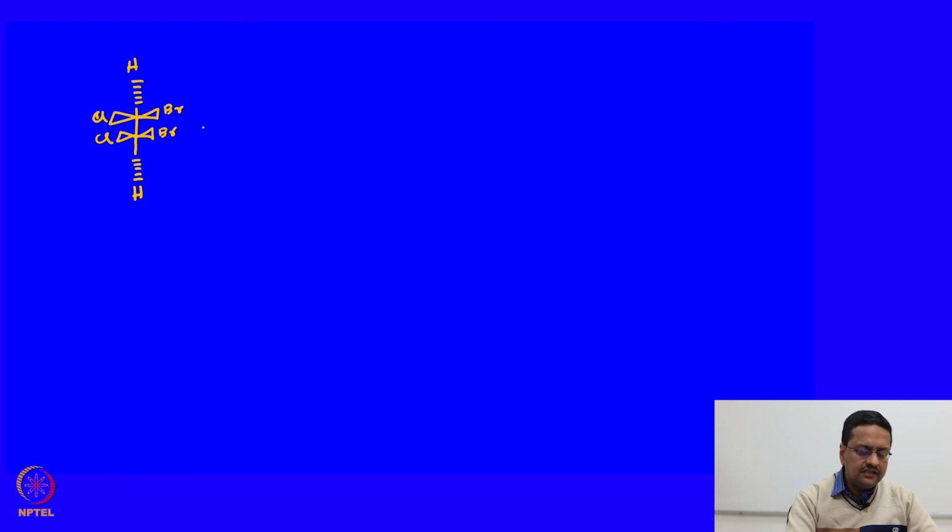So, one can easily convert this into a Sawhorse notation, assuming that this bond in the middle is represented here.